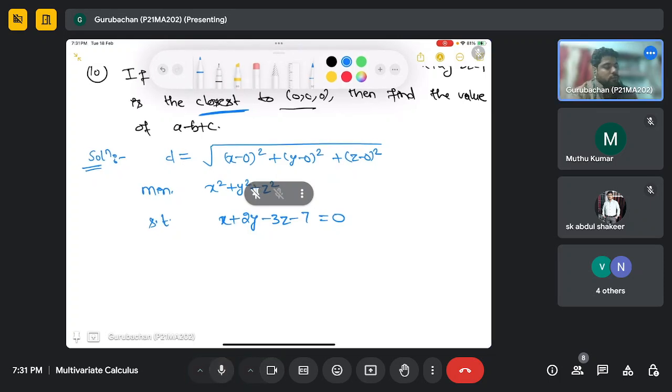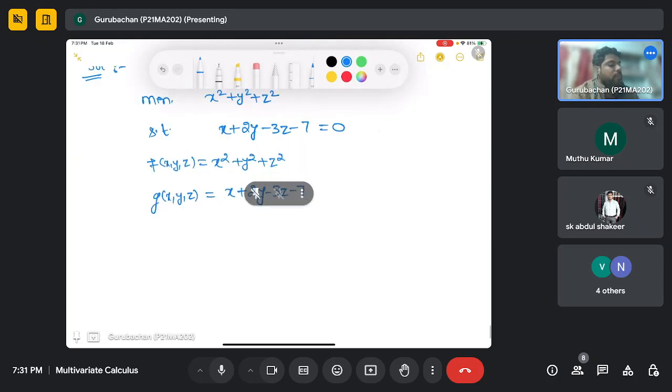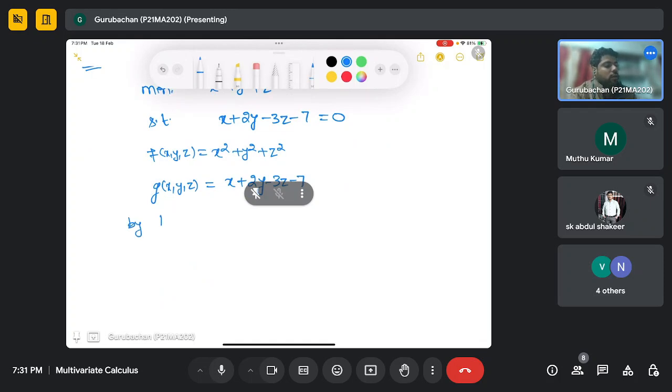So we have f(x,y,z) equal to x square plus y square plus z square, and g(x,y,z) is equal to x plus 2y minus 3z minus 7. Now by Lagrange multiplier, del f is equal to lambda times del g.